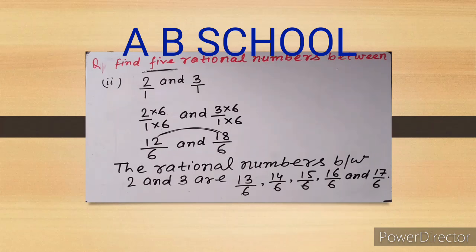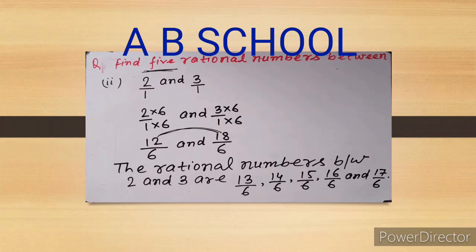Now students, we have seen positive rational numbers, a type of question in which denominators are not equal, and one question when denominators are equal. Now I am going to take an example where one rational number is negative and one is positive.